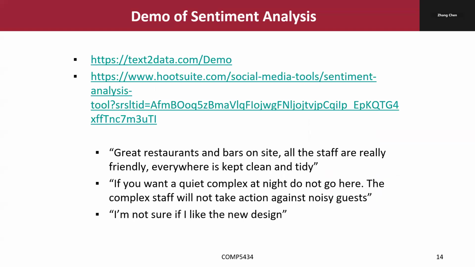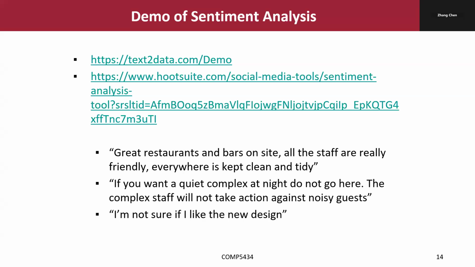So here are some demonstration systems of sentiment analysis. If you are interested, you can click the link. I think most of them are toy examples, right? You can try out different documents. For example, here we have 3 examples, positive, negative, and neutral.